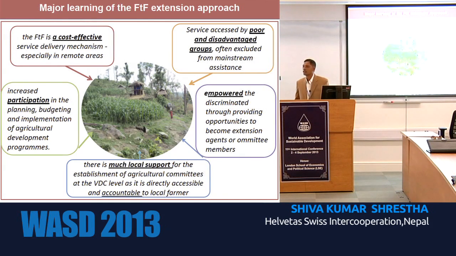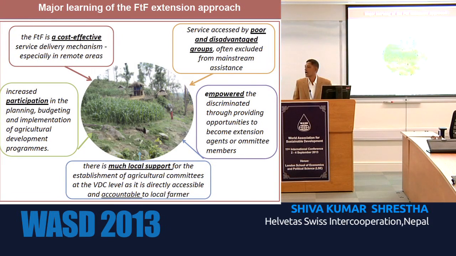And another key thing is that it is a very encouraging approach to empower socially excluded, economically poor, and marginal sections of society, especially women and disadvantaged groups, because they become members of the community and are trained to become experienced leader farmers, so the empowerment level is very high for those groups.